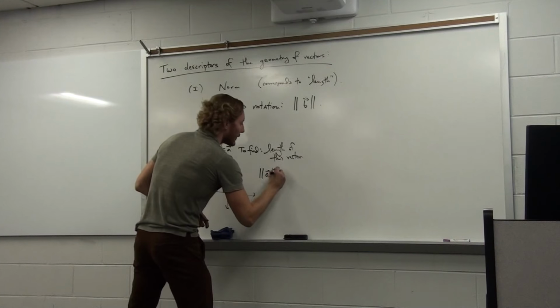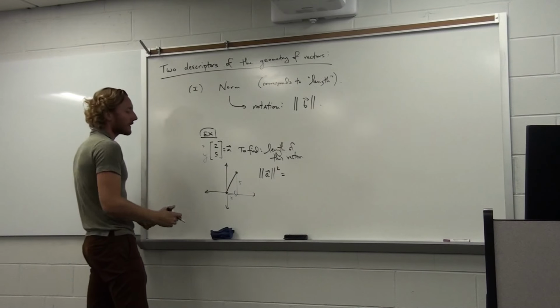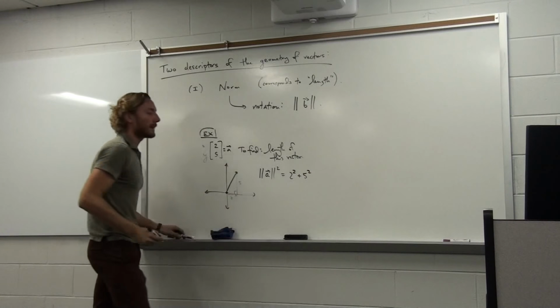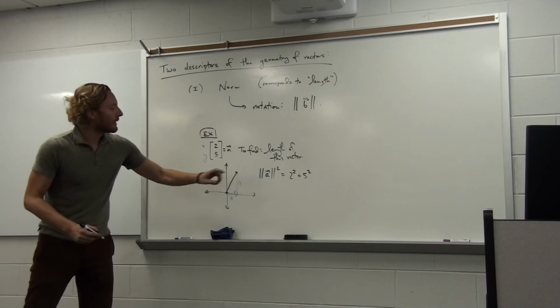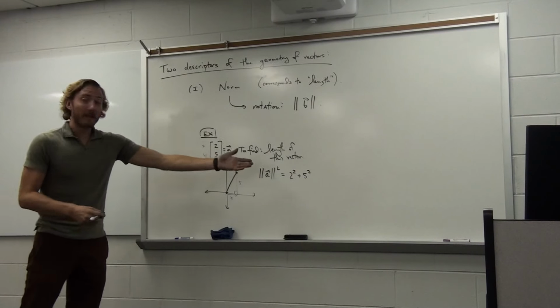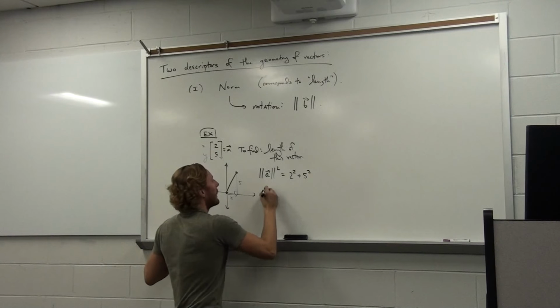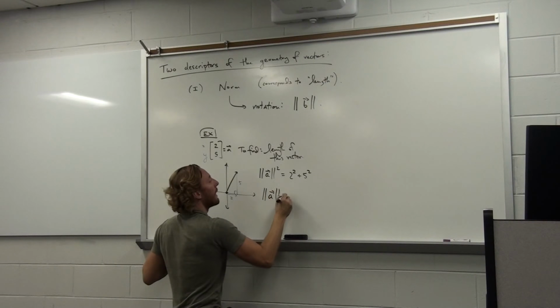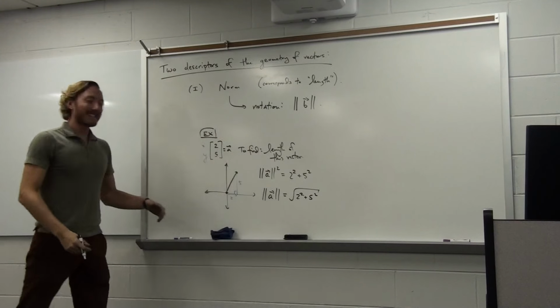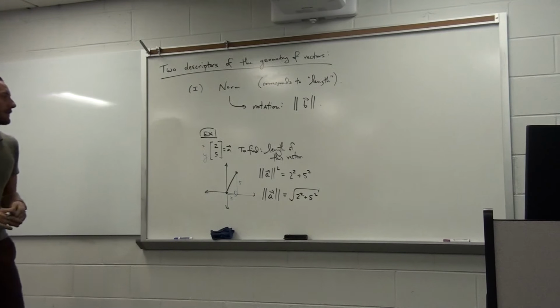Because the length squared of the hypotenuse would be equal to the sum of the squares of the other 2 sides. So in the case of our vector here, its norm squared is 2 squared plus 5 squared. In other words, its norm is the square root of 2 squared plus 5 squared. That's the length of that vector.